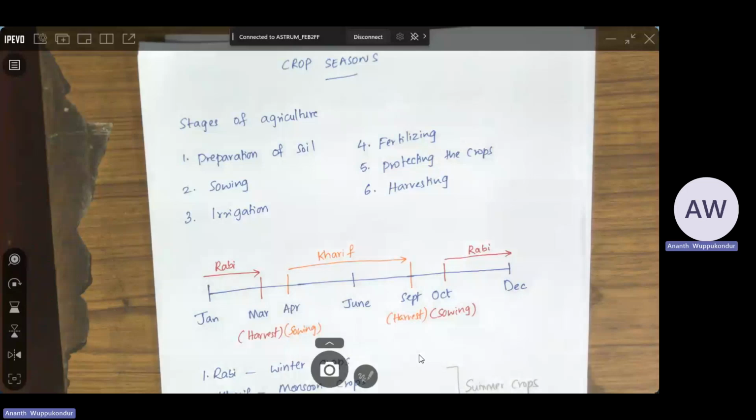Usually the land or the soil needs to be mixed before you sow. So you start by preparing the soil by plowing, and once you prepare the soil, you loosen it and make sure the soil is well mixed. Then you sow the seeds. Once you sow the seeds, you start irrigating, and water is supplied while the plants are growing.